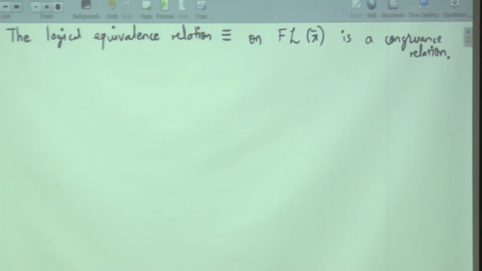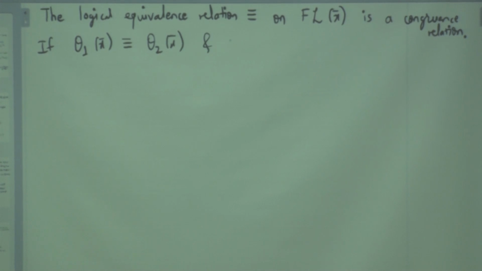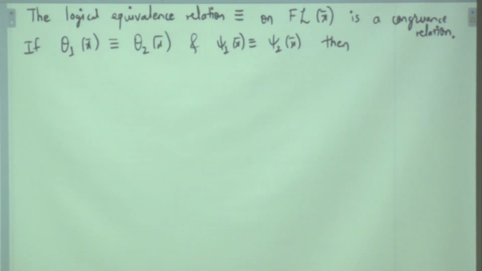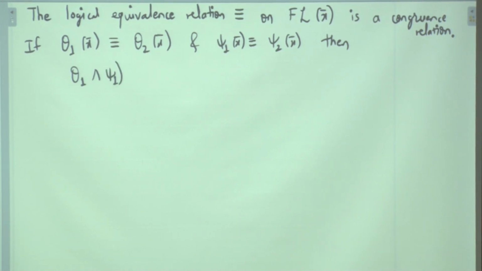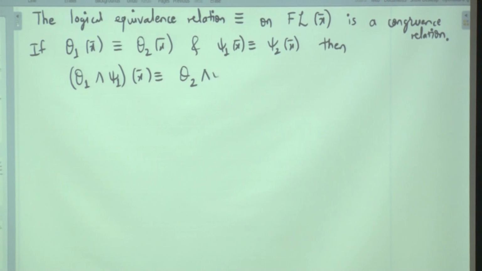Okay, what is the meaning of congruence relation? Tell me. If theta 1 x bar is logically equivalent to theta 2 x bar and psi 1 x bar is logically equivalent to psi 2 x bar, then theta 1 conjunction psi 1 x bar is logically equivalent to theta 2 conjunction psi 2 x bar, and negation theta 1 x bar is logically equivalent to negation theta 2 x bar.